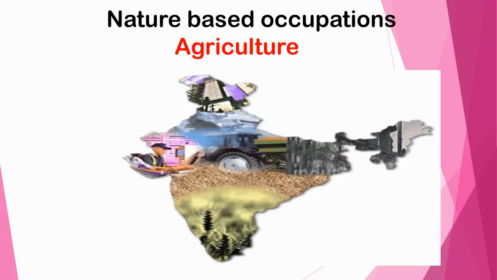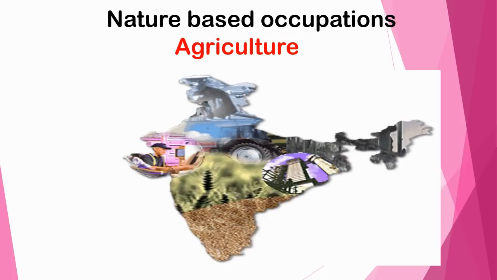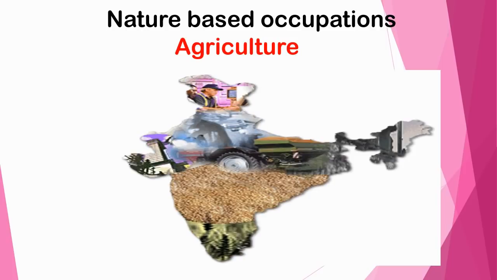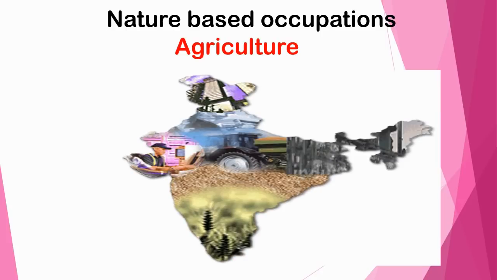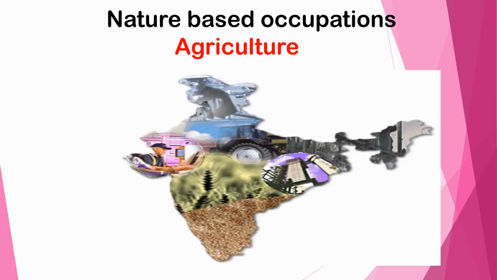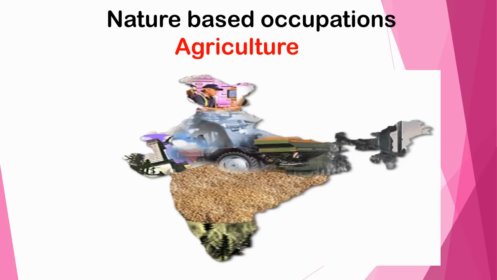First is agriculture. Students, agriculture is an important occupation in our country. Everyone in the country gets food because farmers work in the field.